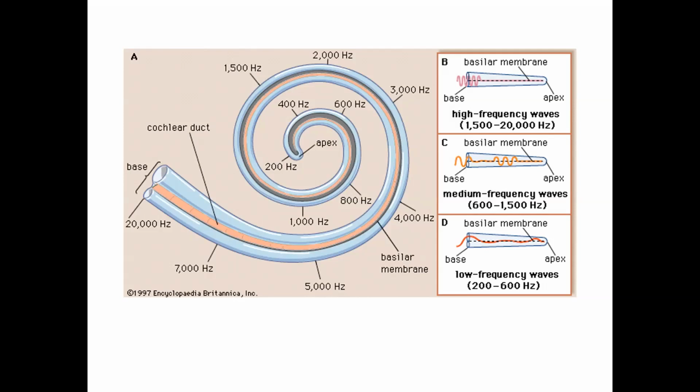And that's our normal sound range. As we age, we start to lose the higher frequency sounds. And the reason why we lose the higher frequency sounds is because those are the areas that are constantly being bombarded by sound waves, regardless of the actual frequency of sound wave that we are hearing.